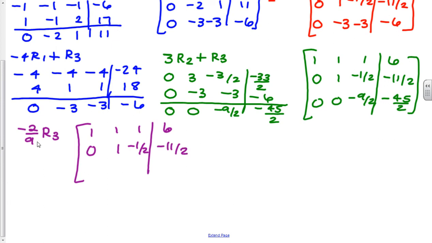And my row 3, I'm going to multiply it by -2/9. So -2/9 times 0 is 0. -2/9 times 0 is 0. -2/9 times 9 halves is 1. -2/9 times -45 halves is exactly 5.